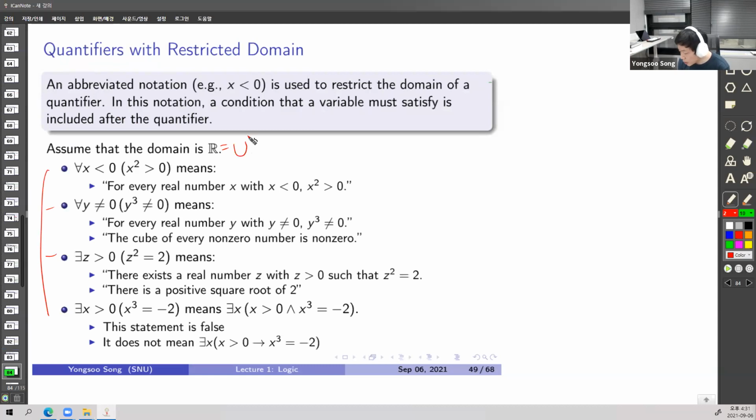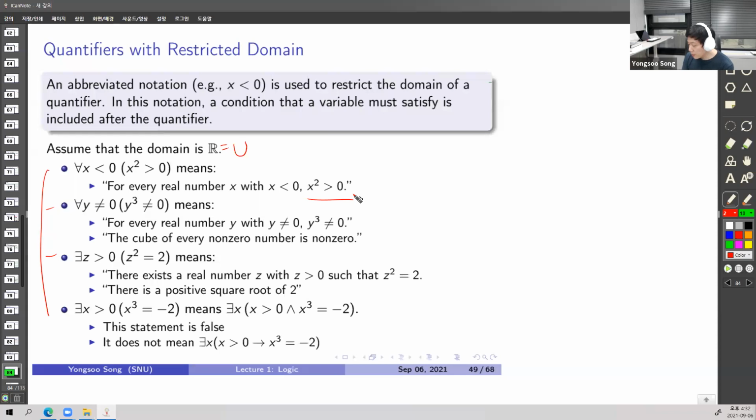Let's see the first example. For all x less than 0, x squared is larger than 0. This means for every real number x with x less than 0, x squared is positive. So for every negative real number x, x squared is a positive real number. So this proposition is true.